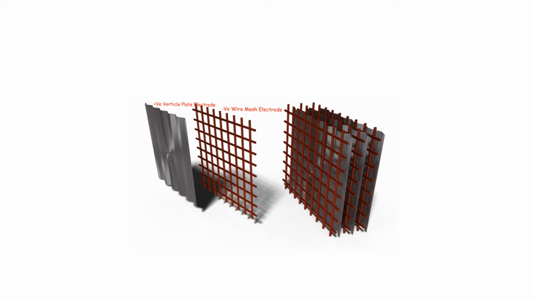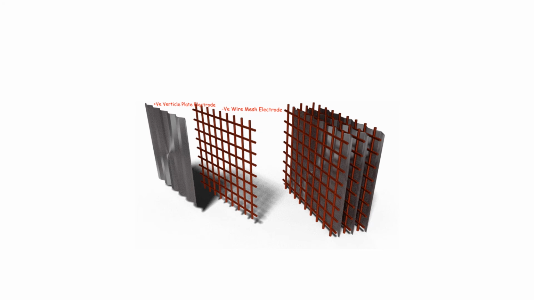So all the dust particles will become ionized because of this air medium, because of free electrons, and become negatively charged. These negatively charged dust particles will be attracted by the positively charged plate electrode. So all the negatively charged dust particles will be deposited over the positively charged plate.